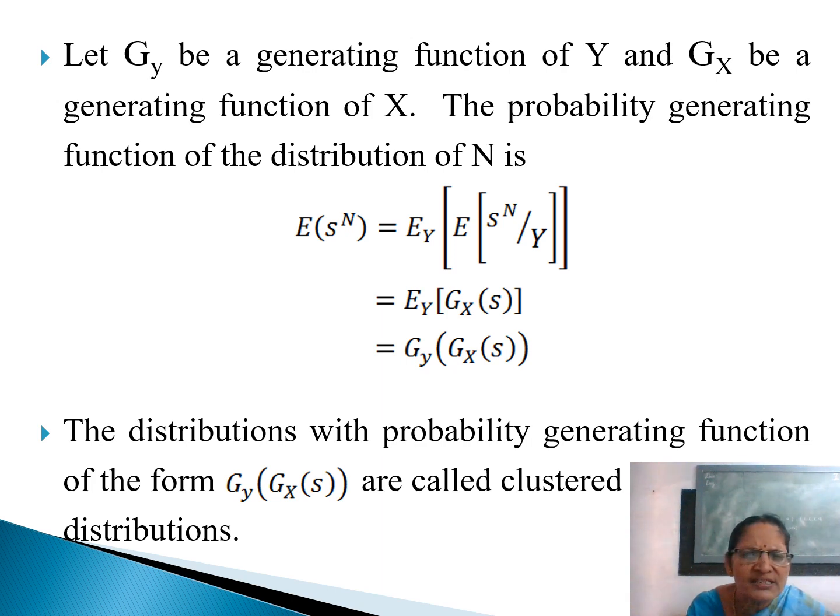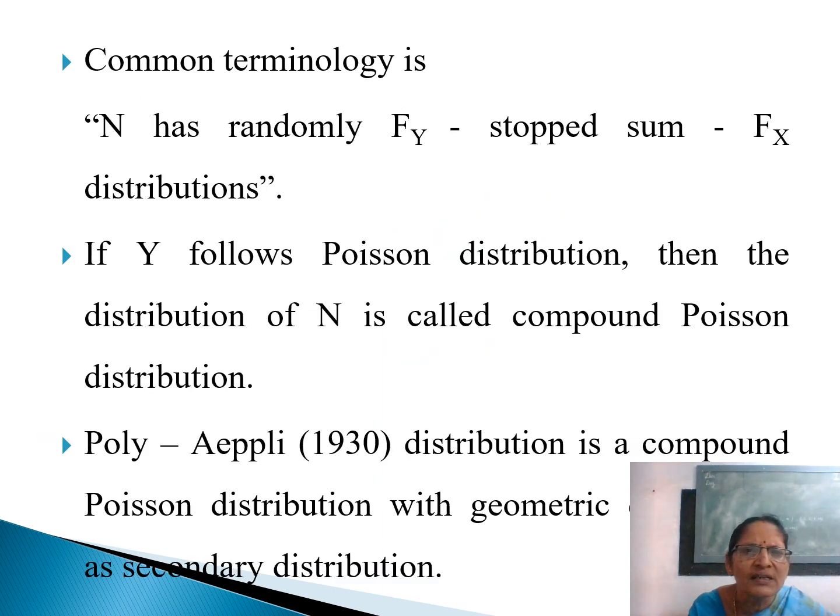The distributions with the probability generating function of the form gY of gX of s are called clustered or compound distributions. Common terminology is N has a randomly fY stopped sum fX distribution. If Y follows a Poisson distribution, then the distribution of N is called a compound Poisson distribution.